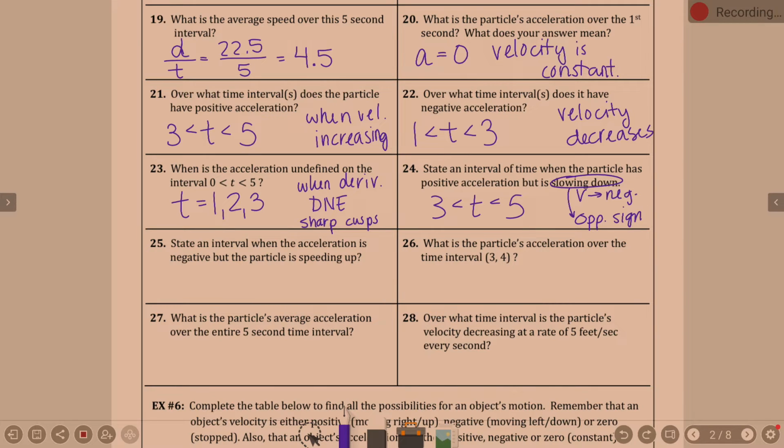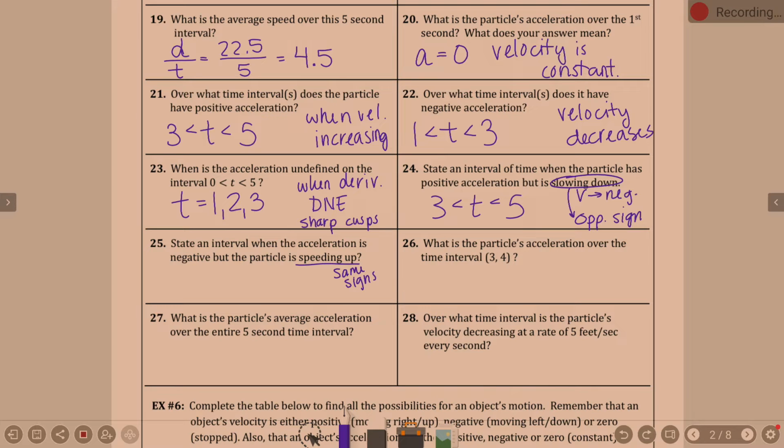State an interval where the acceleration is negative, but the particle is speeding up. Wait. Acceleration is negative, but particle is speeding up. I disagree. 2 to 3. Okay, so speeding up means we need what? Same signs, yes?